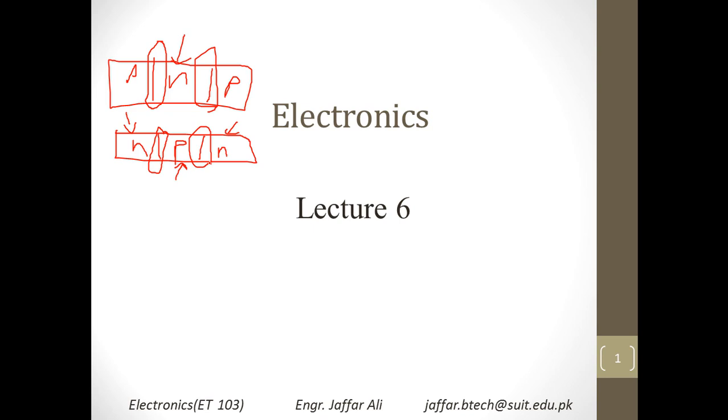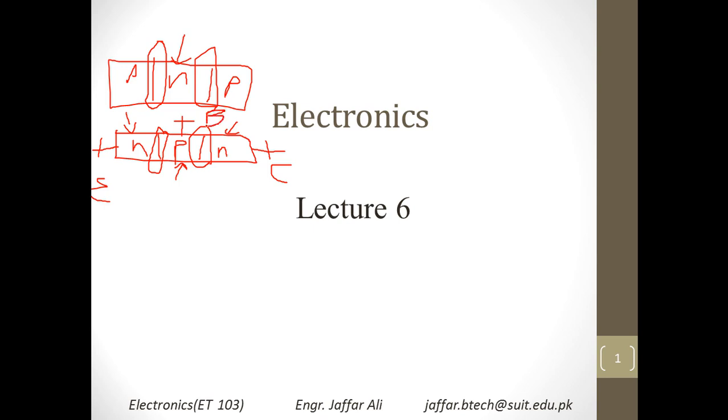When you apply such methods, you get a transistor, and a transistor has three legs. You can see this is leg 1, leg 2, and leg 3, and these legs are termed the emitter, collector, and base.